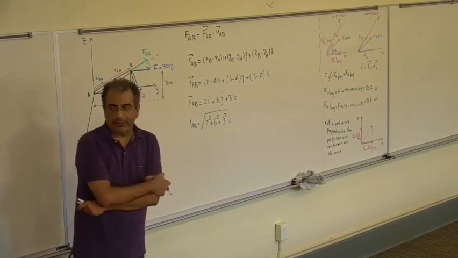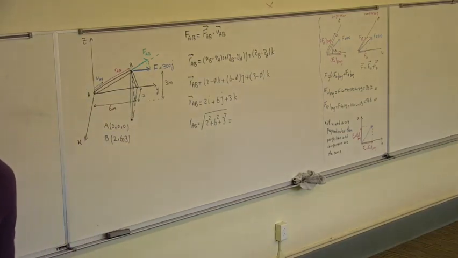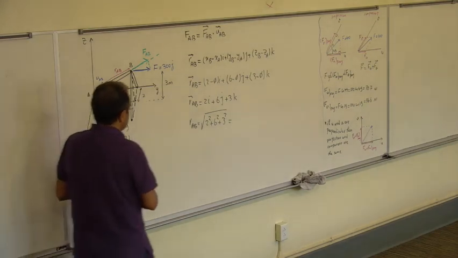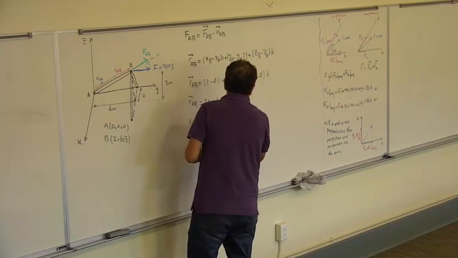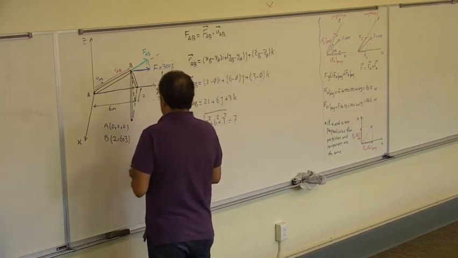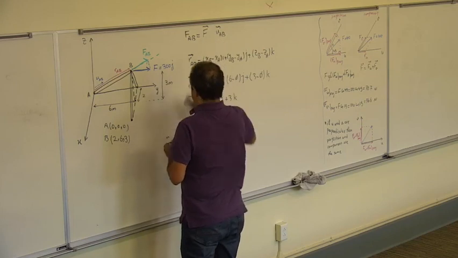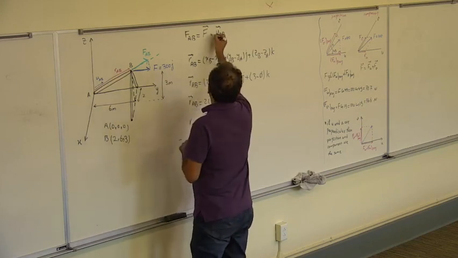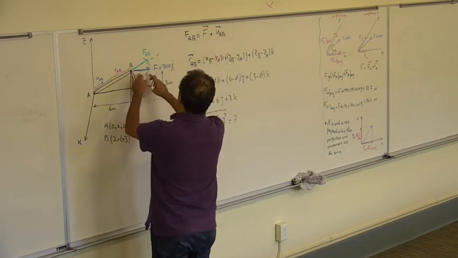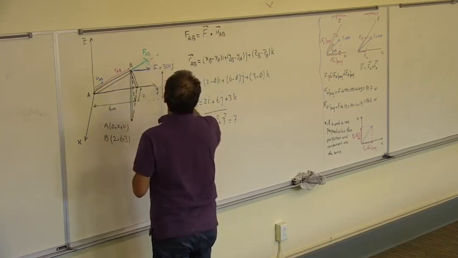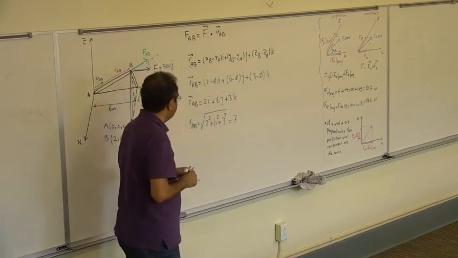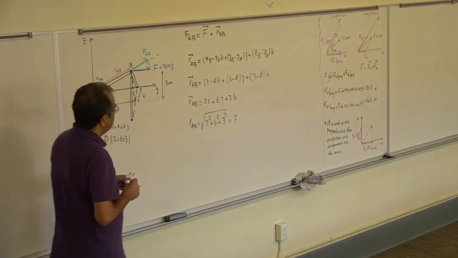This is going to be its magnitude: 7. Oh, sorry, this is F, not FAB. It's the F because it's a force F, not FAB. We want to find the magnitude of the FAB.